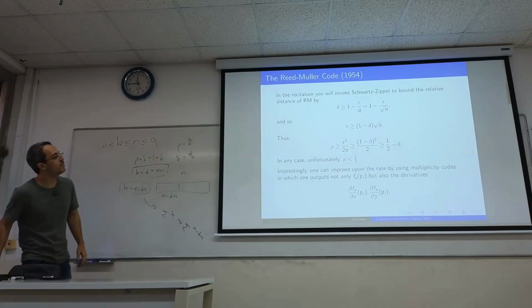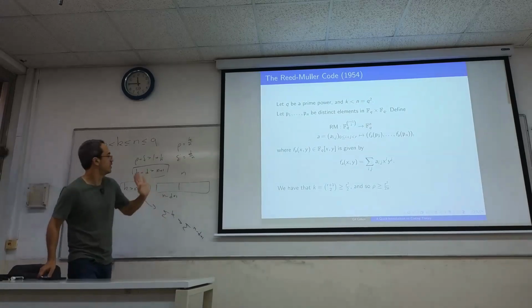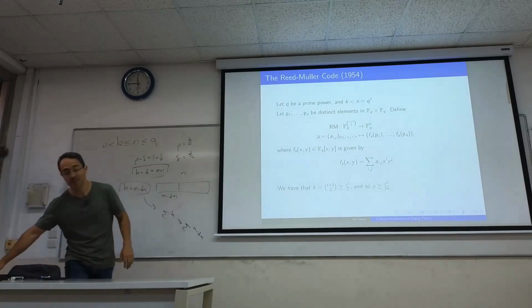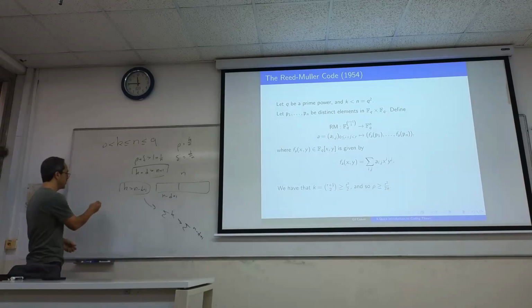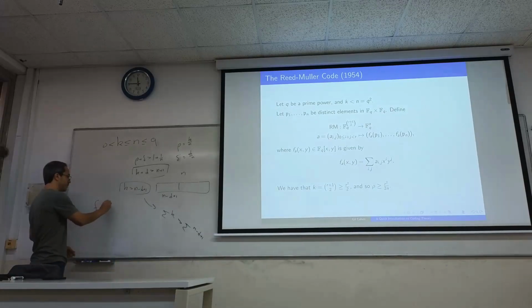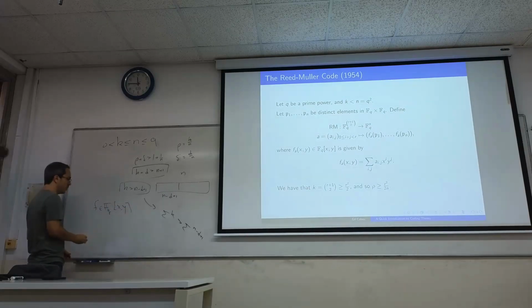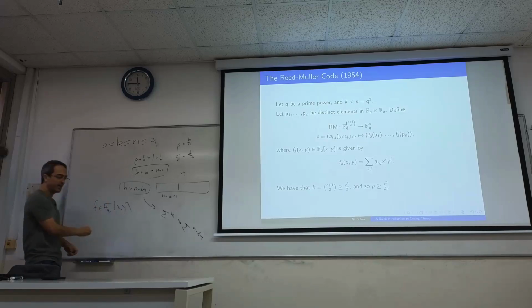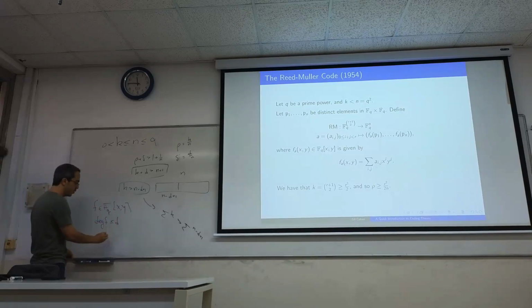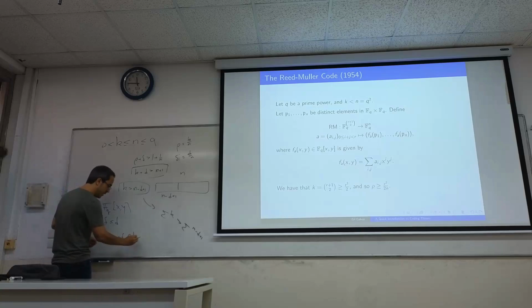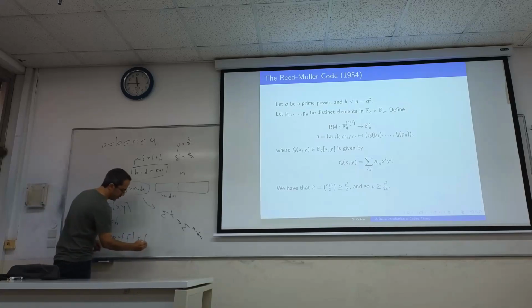So the Schwartz-Zippel lemma tells you that if you have a polynomial like ours, in say 2 variables, I can do more, and the total degree, that's why I'm using the total degree, is at most d, then, unless f is the zero polynomial, the number of zeros of f is at most d times q.